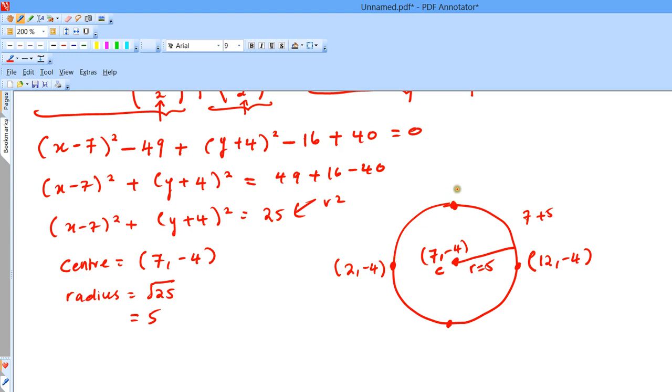For the vertical points, we have 7, and negative 4 plus 5 equals 1. If we move down, (7, negative 4 minus 5) is (7, negative 9). This is how we sketch a circle.